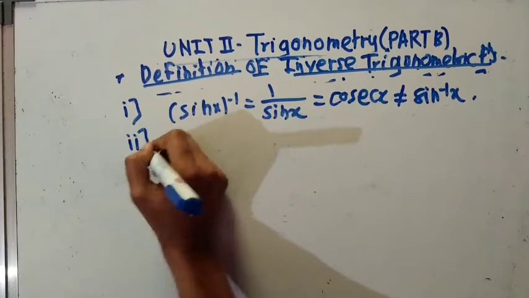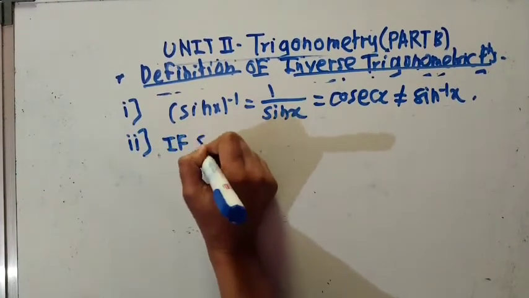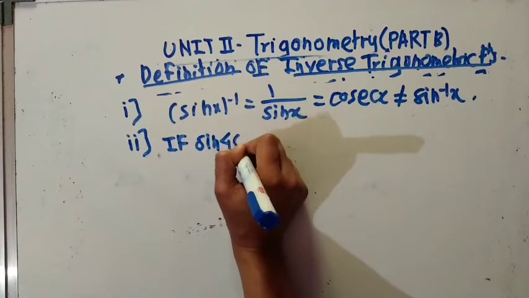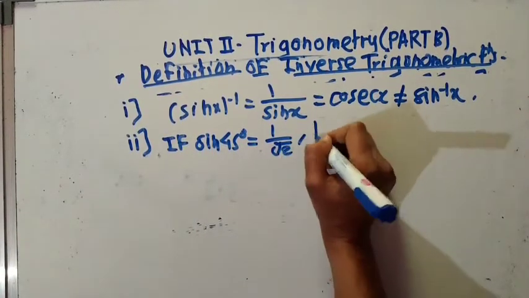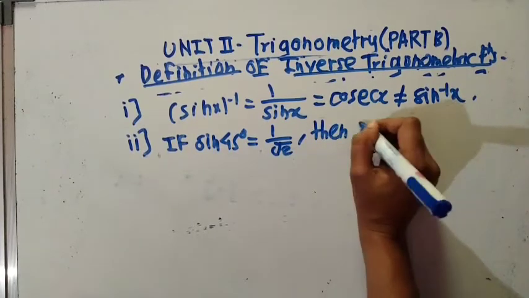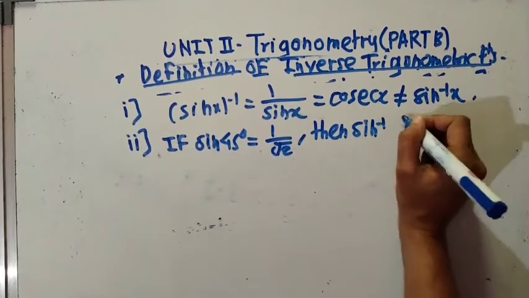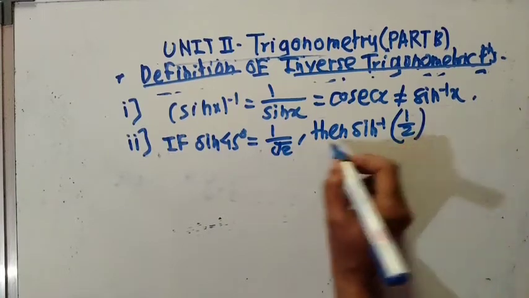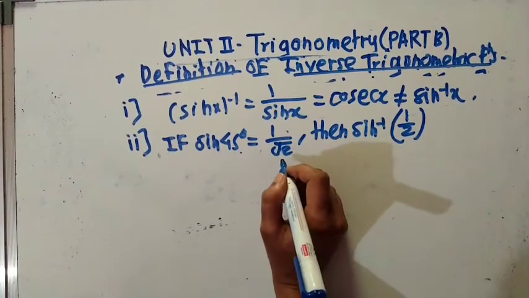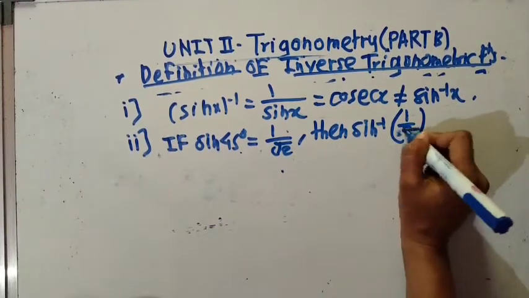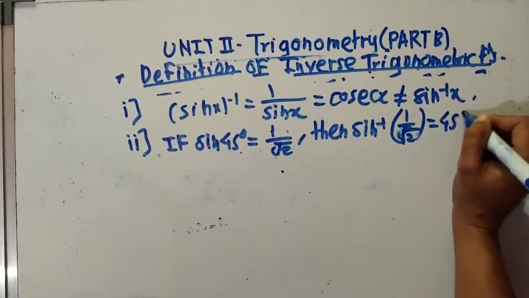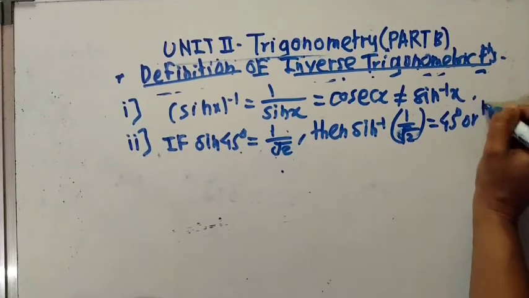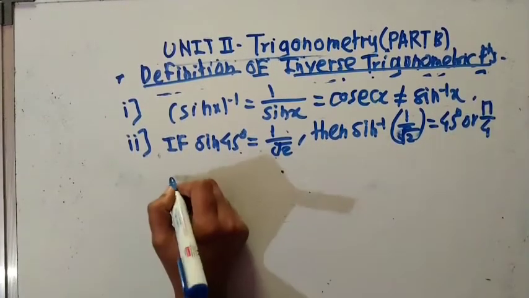And second, if sin 45 degrees is equal to 1 upon root 2, then sin inverse of 1 by root 2 is equal to 45 degrees. 45 degrees means pi upon 4.